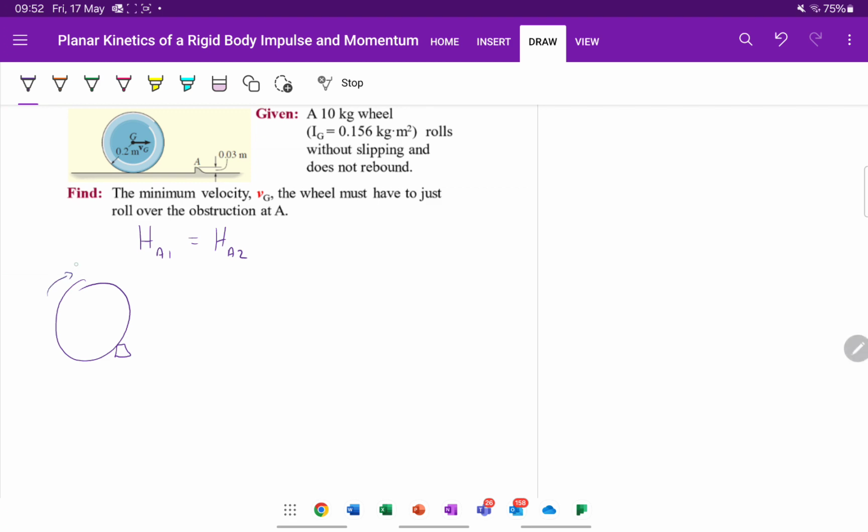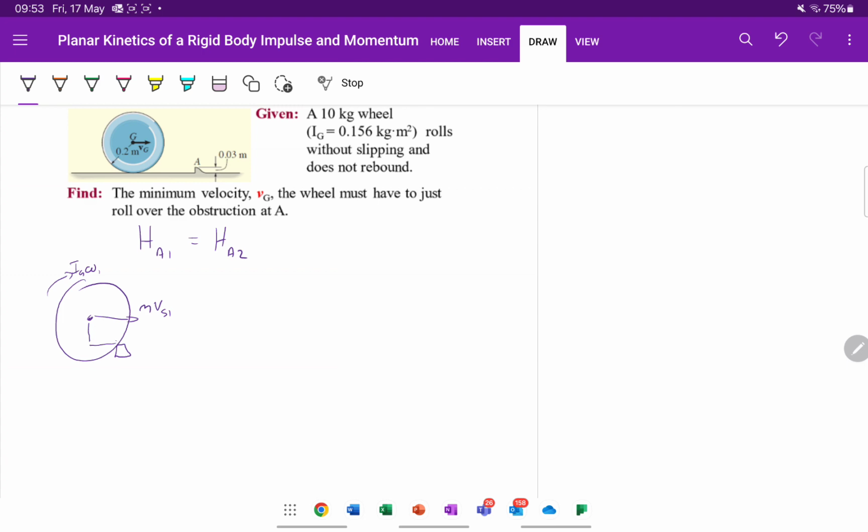There's some rotation, so there's an I, G, omega at the start. There's point G. Very, very similar diagram to earlier. The only slight difference here is the distance of rotation.